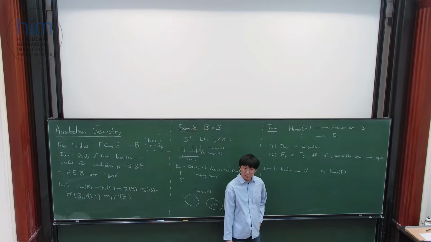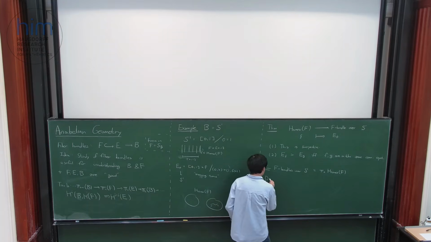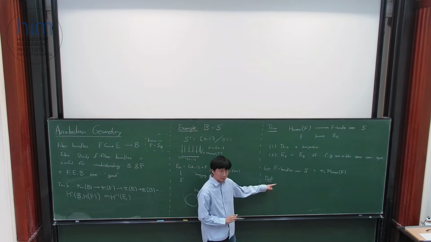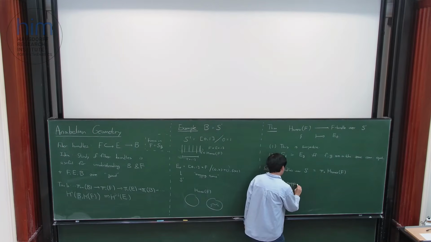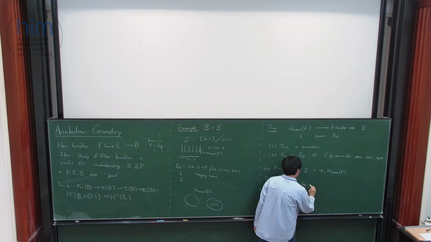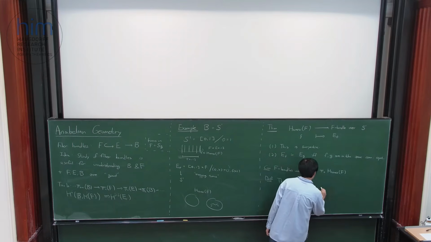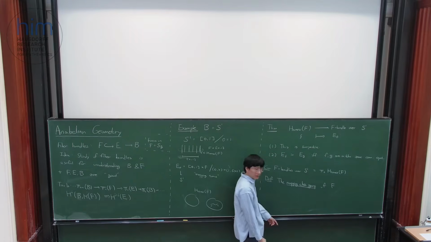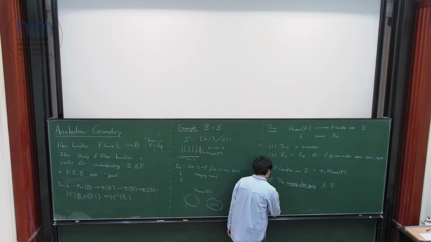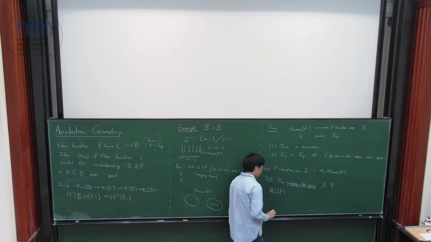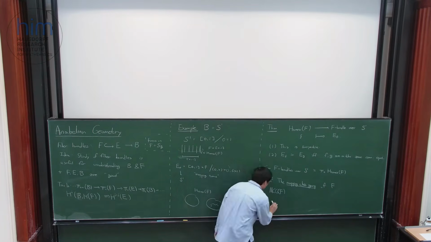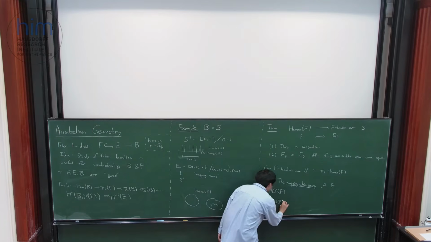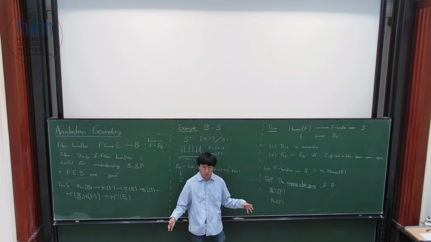So any other questions? Okay. So this leads to our natural definition: the mapping class group of F. There are several notations for the mapping class group. I will just say MCG of F. However, sometimes people use the notation Mod of F, especially when F is a genus g orientable surface.